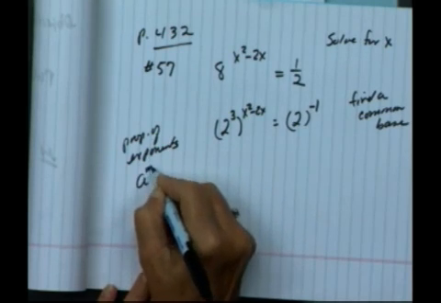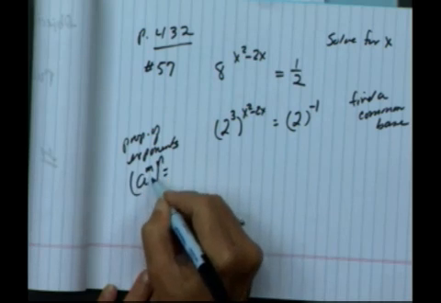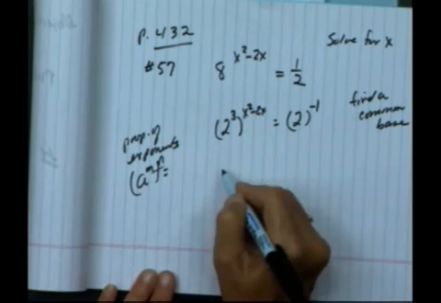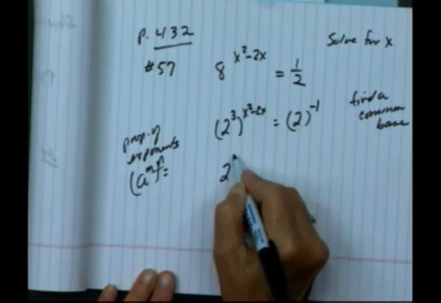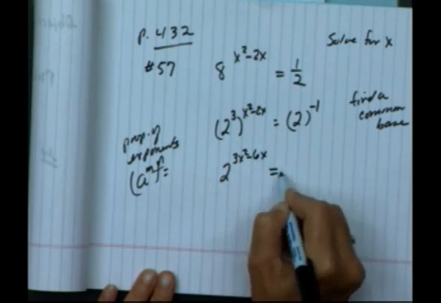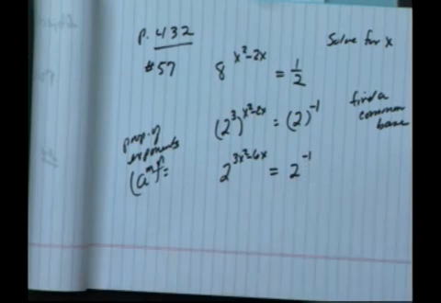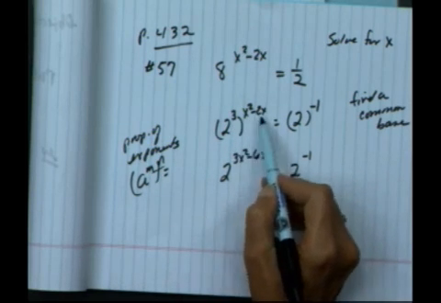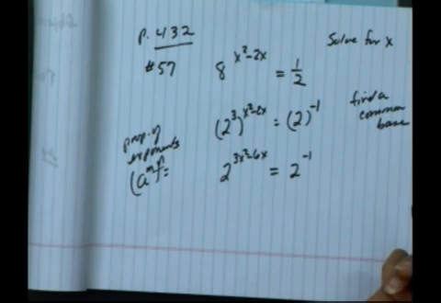A raised to the m to the n. What do you do with those exponents? You multiply. So this is 2 to the 3x squared minus 6x equals 2 to the negative 1. Okay, power of a power, I'll multiply those exponents.